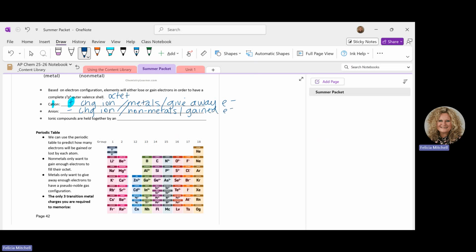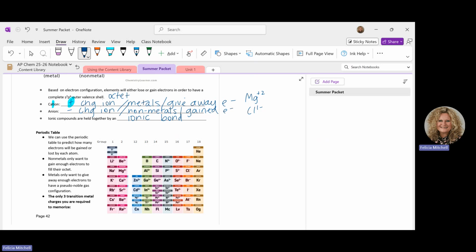It would be like maybe chloride, and then a cation would be like maybe magnesium. Ionic compounds are held together by an ionic bond. Okay, they're held together by an ionic bond.